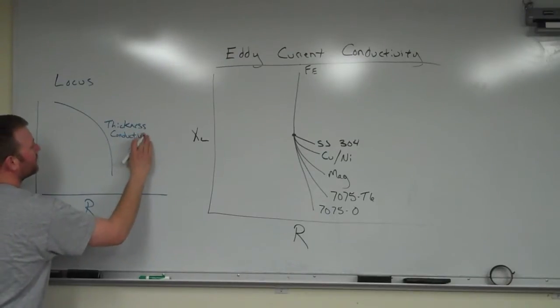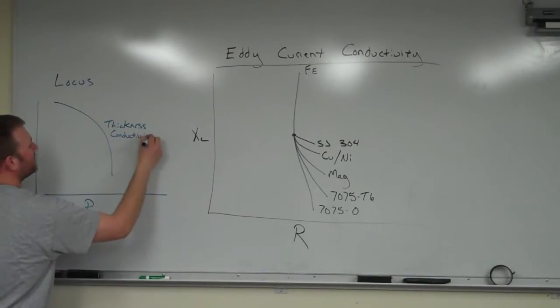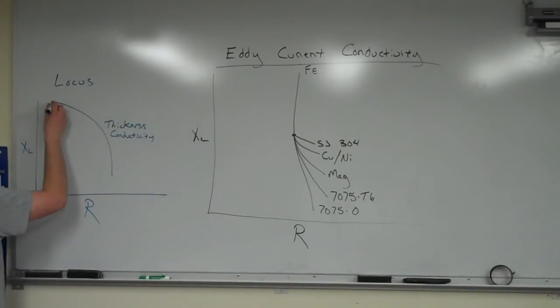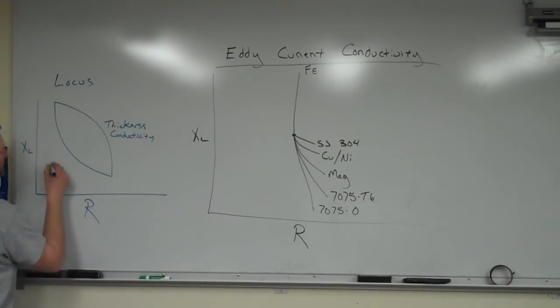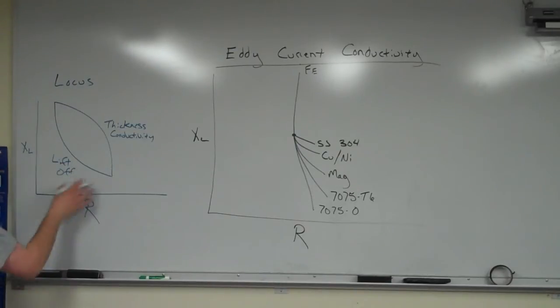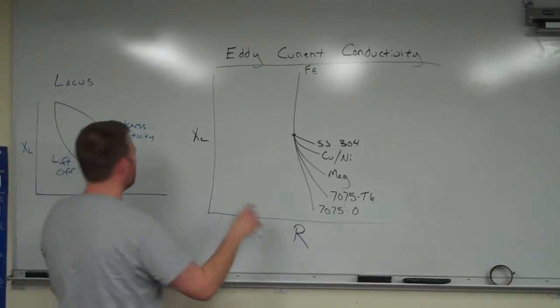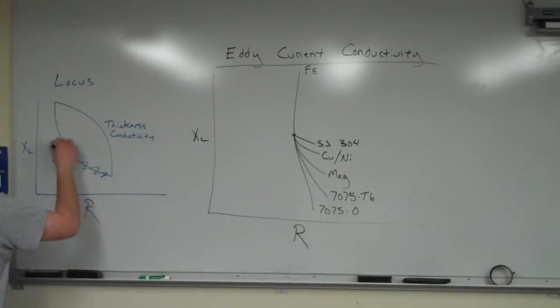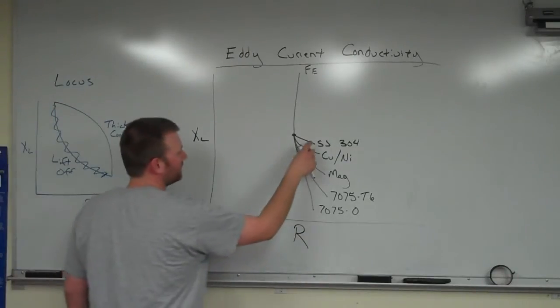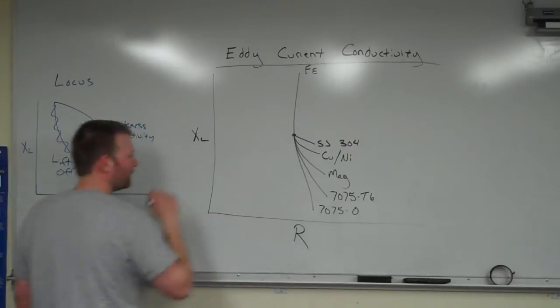Conductivity line, and this is the line you actually see, or our liftoff line. So if we were looking at this over here, we are only seeing this line right here, right now. Liftoff, liftoff, and so on.